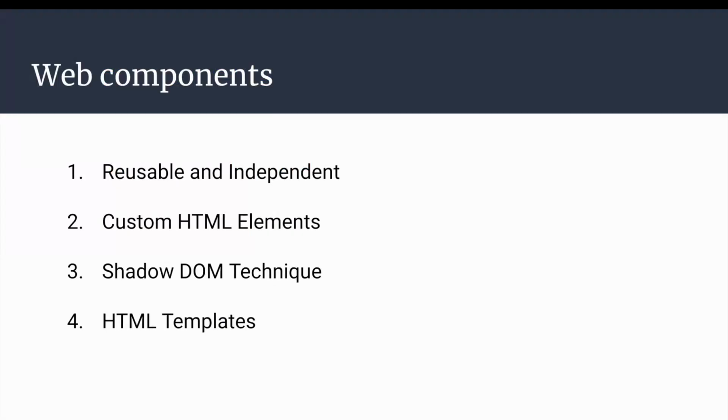So here, web components are something like custom elements or custom HTML content which can be created by yourself, and it is reusable and independent. How is it reusable and independent? I can create one component, for example a Sai component, and that Sai component has a set of features which are independent of that particular component, and this can be used over any framework or any other library or at any project.